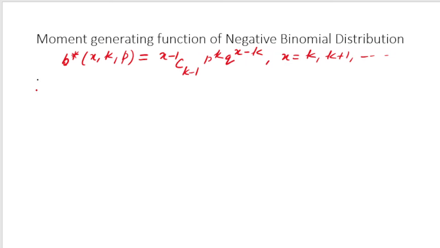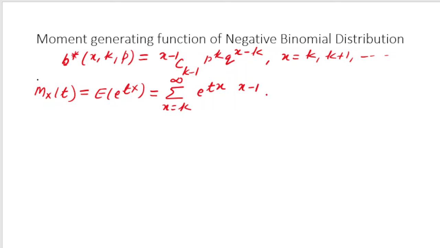So let me write the moment generating function, that is Mx(t), and be very careful because this may be slightly more complicated than the other two. So expectation of e to the power tx, where the summation will start from x equal to k and go up to infinity, and it is e to the power tx times its probability, that is (x minus 1) C (k minus 1) p to the power k and q to the power (x minus k).